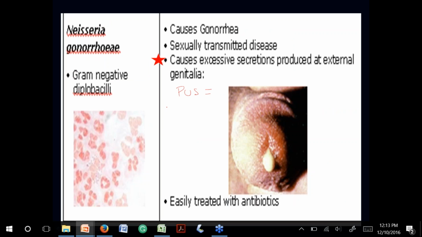Pus is water plus dead red blood cells plus dead white cells, plus dead bacteria, plus dead, especially, the macrophages. So pus in general is a cocktail of all these guys: water, red blood cells, white cells, bacteria, macrophages.